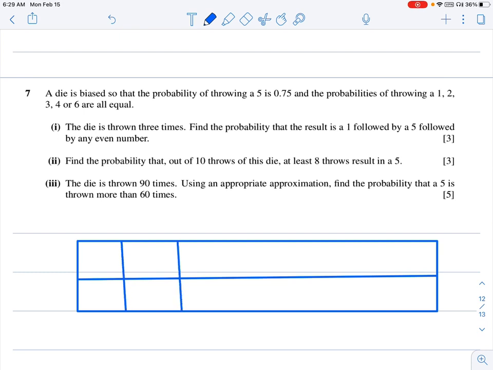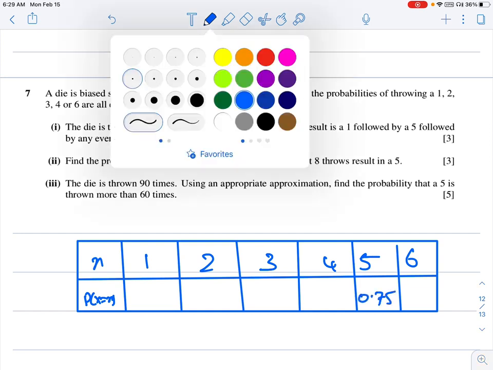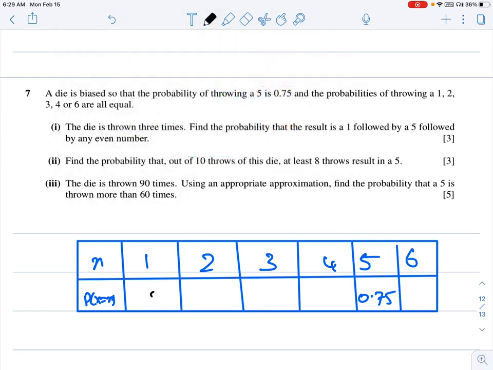X, probability of capital X equal to x, so this is 1, 2, 3, 4, 5, 6. For 5 it is 0.75 and the remaining are all equal, so x, x, x, x, x.